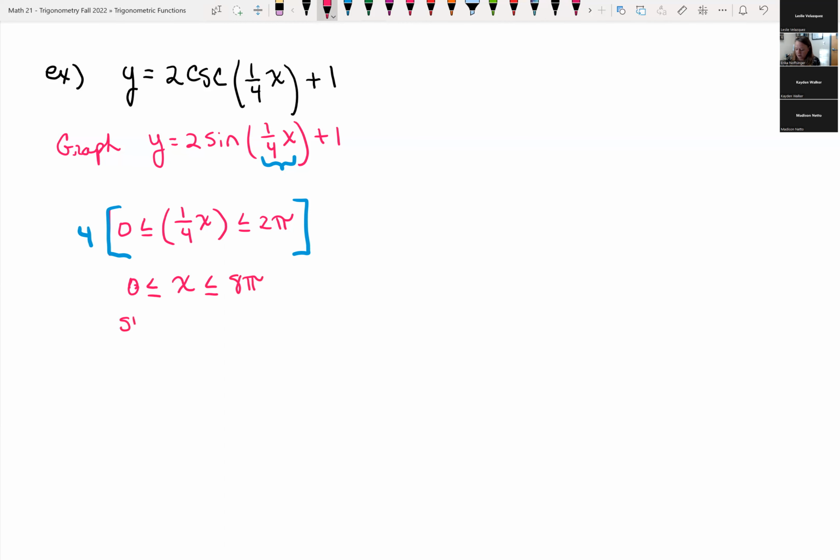So we're going to start our period at 0. We're going to end one period at 8 pi, figuring out the quarter mark, the halfway mark, and the 3/4 mark of that one period cycle. Well, halfway between 0 and 8 pi, I can see is 4 pi. Halfway between 0 and 4 pi is 2 pi. Halfway between 4 pi and 8 pi is 6 pi.